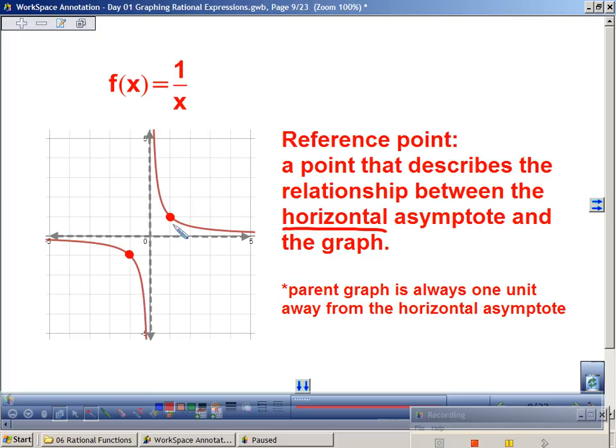And the reason for that is, when we're trying to find something, don't we always substitute in for x? And that gives us our y. So our input is our x and our output is our y. That's why this distance is going to change. If anything changes with the reference point, it's going to be away from that horizontal asymptote. Okay? All right, let's move on.